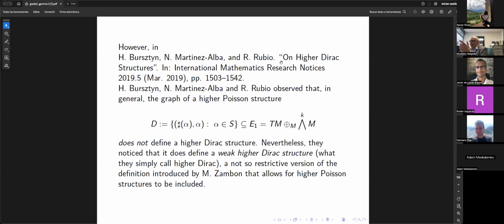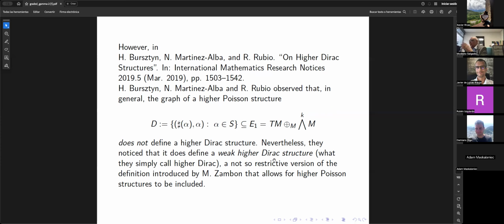And in another paper with Nicolás Martínez Alba and Roberto Rubio in 2019, they observed that the graph, because at the end we need to consider the graph just to have a Dirac structure, does not define a higher Dirac structure in the previous sense.